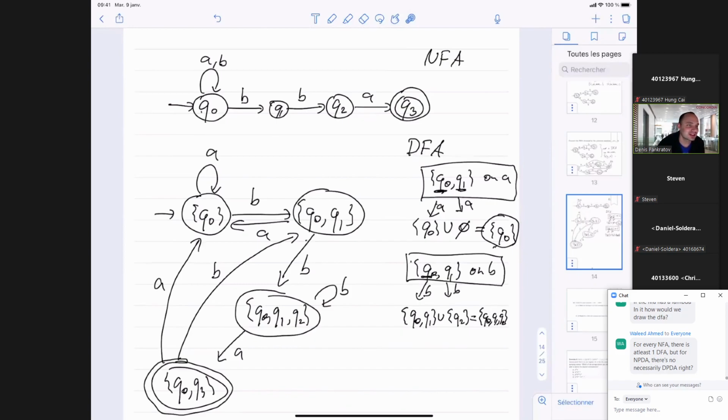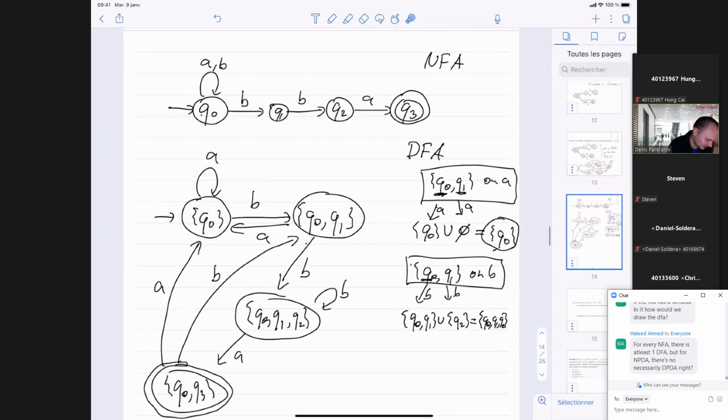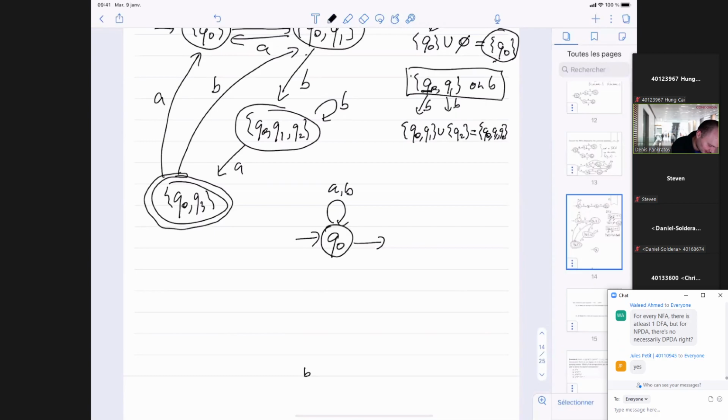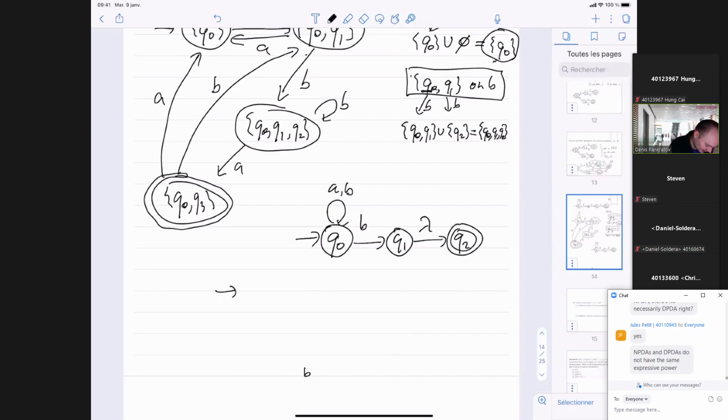Okay, next question. If the NFA has lambda in it, how would we draw the DFA? Okay, I'll do a short example. Suppose that you had Q0, A B, B Q1, and then you had lambda Q2, for instance, something like this. Then you start with the initial state Q0, you see where you can go on A. On A, you can only reach Q0.